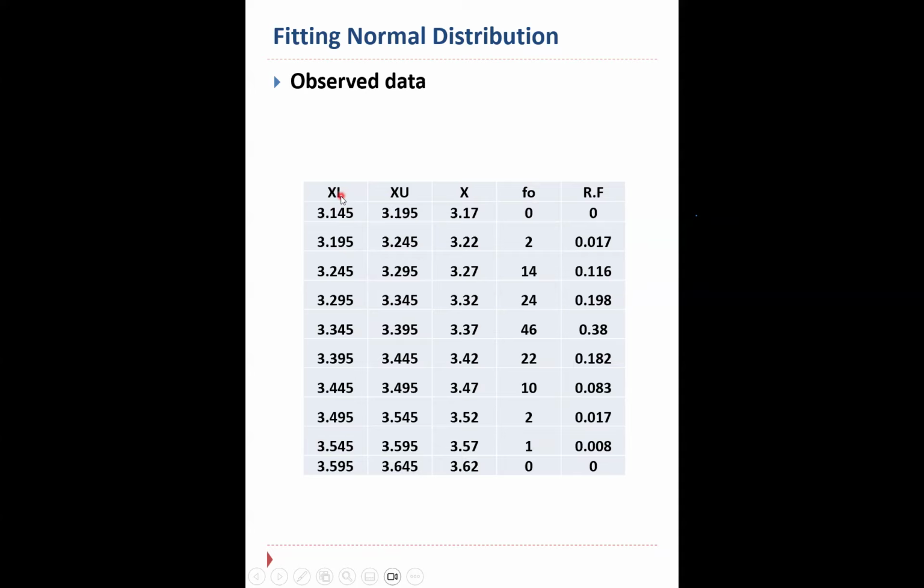So the x lower limit and the x upper limit. Here is the x bar, which is the class mark, and this is the FO, the observed frequency. So this is for this problem. This is the process of generating a frequency distribution, and then the estimate of relative frequency has been generated.